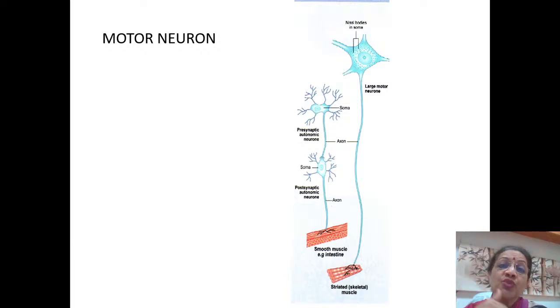So these two neurons which are participating in this control of that smooth muscle of the viscera will be presynaptic or postsynaptic, right? The one which is bringing in the initial order, and then the one which is relaying that order to the actual muscle which is going to contract. So they are named as presynaptic and postsynaptic autonomic neuron. Just remember this terminology, because we'll be keeping on coming back to it when we actually see it in dissection.